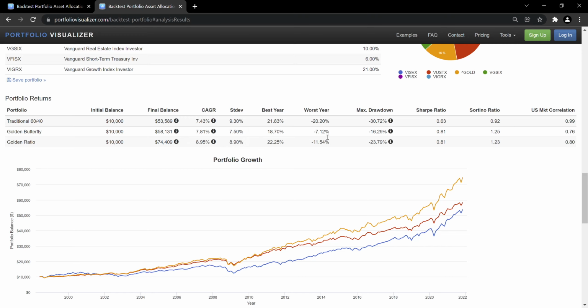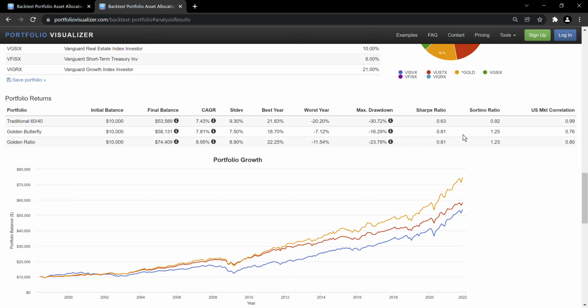It's got a worst year of only minus 7.212%. That's very good. Its maximum drawdown is about half of the traditional 60-40. The golden ratio is a bit more aggressive, so it has a better compounded annual growth rate. It does have a bigger drawdown than the Golden Butterfly in both places here.